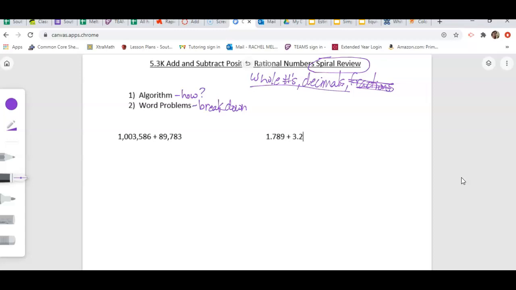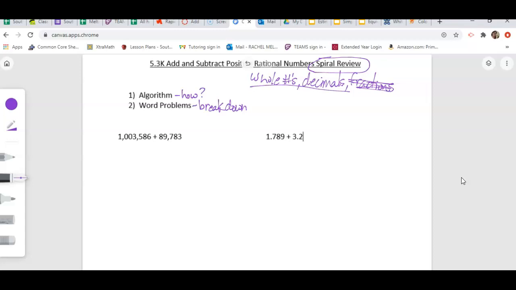You must have both of these things in order to be successful for this TEK. So that being said, we're going to do a couple of algorithm problems. And then there will be a word problem that we'll break down, and then we will work on some word problems together as a group.